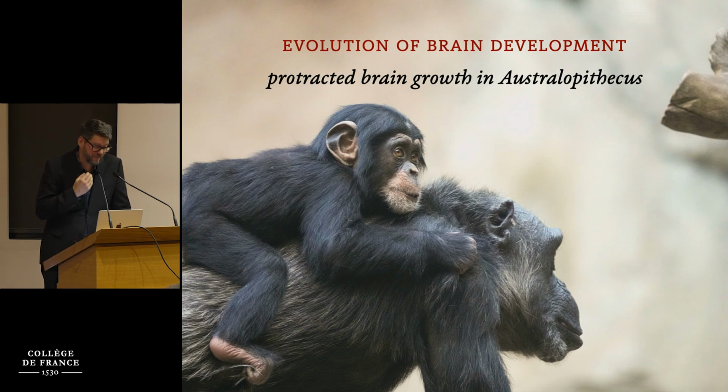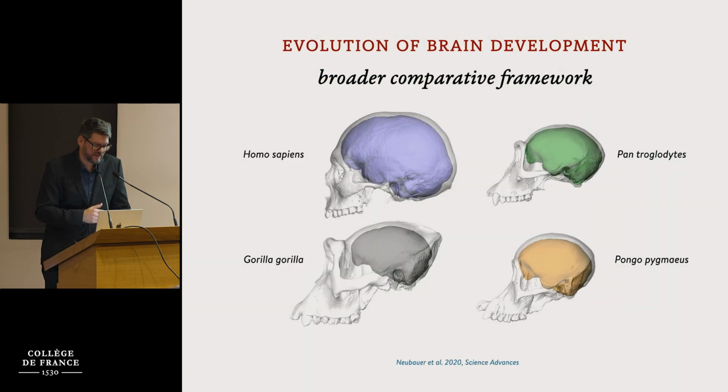But the question is, is this really something that we can say just based on the comparison between humans and chimpanzees? Because as soon as we broaden the comparative perspective by including not just chimpanzees but also other great apes, the picture gets a bit more complicated, right?